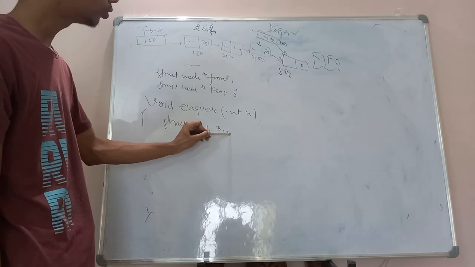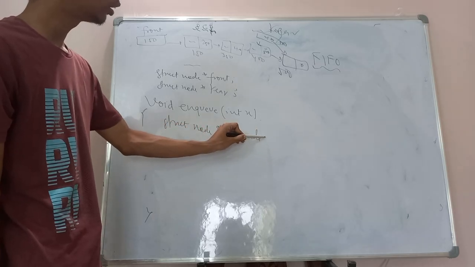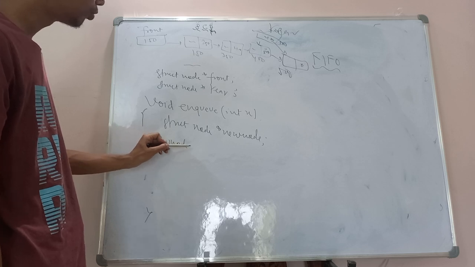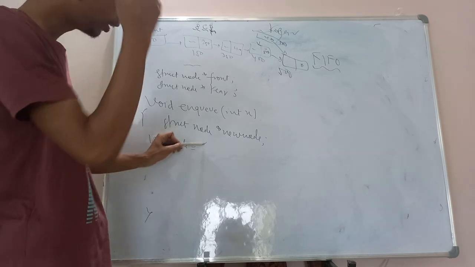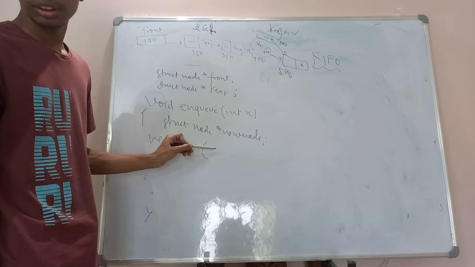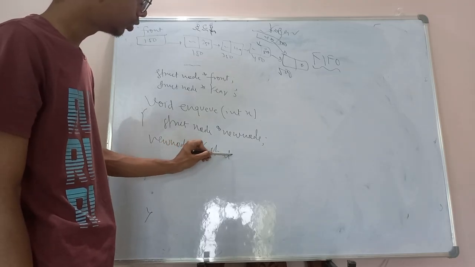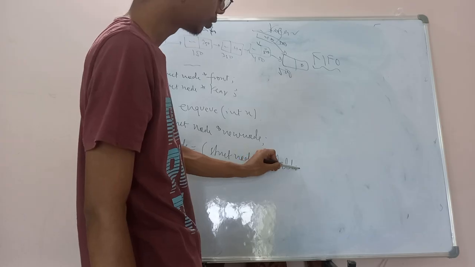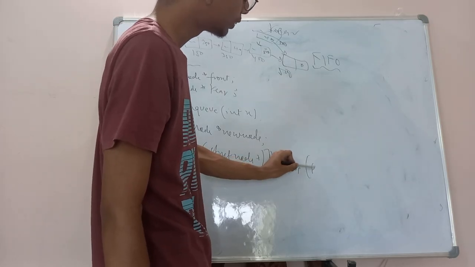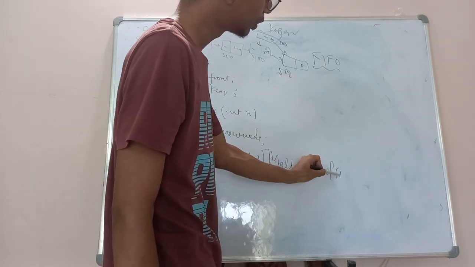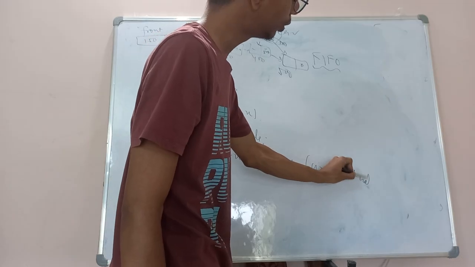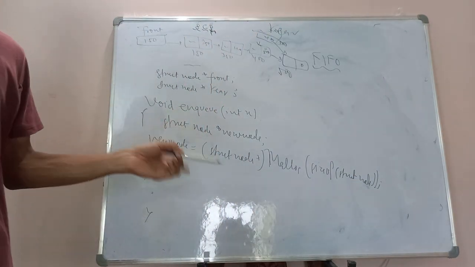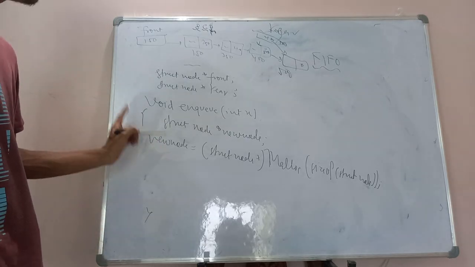So this will be struct node asterisk new node, and now in new node I will store struct node asterisk malloc, sorry, small m malloc size of struct node. So what will this do? This will create a node and it will return the address in new node, right?